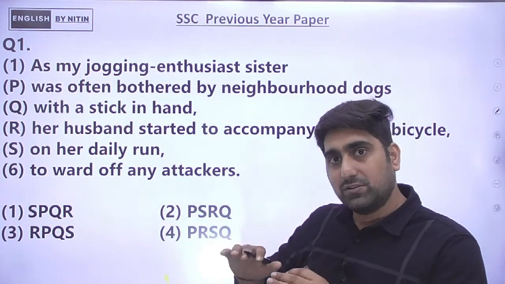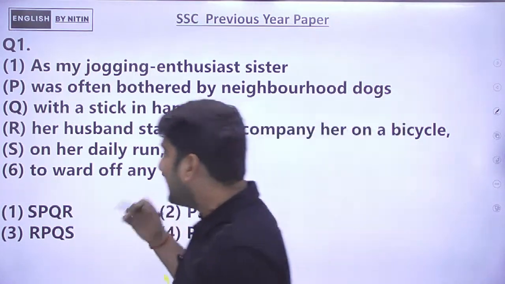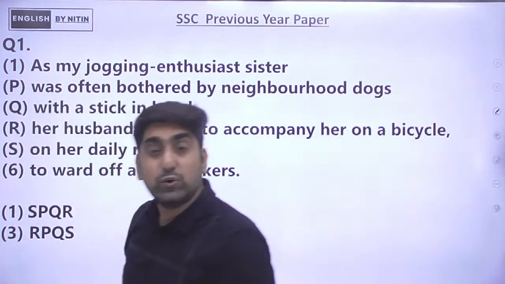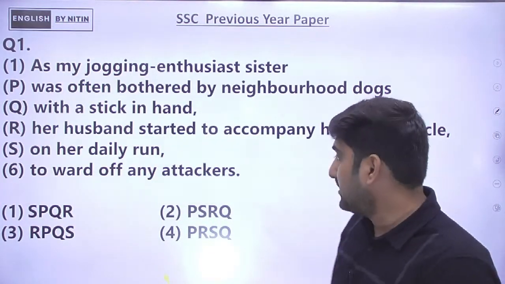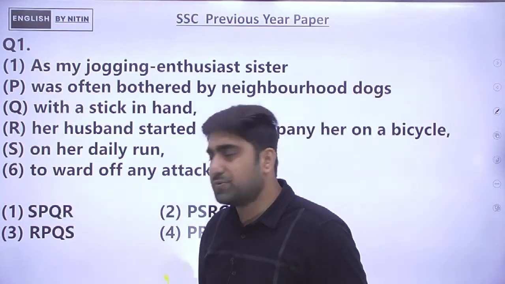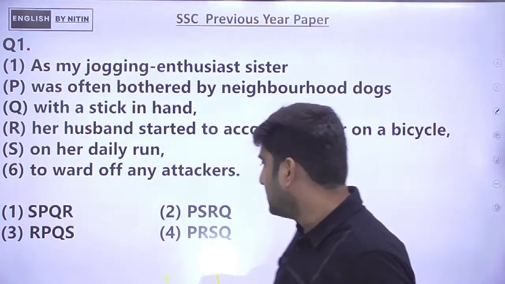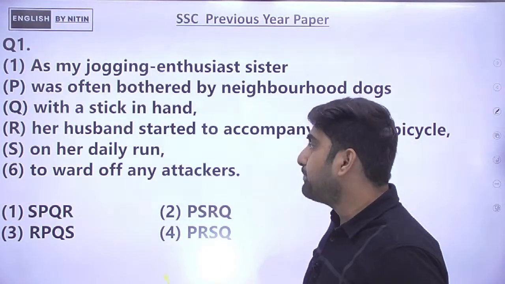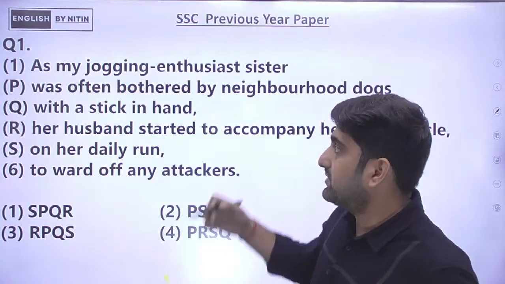So dog is bothering whom? One who is jogging. That suggests to me that P sequence will be the first arrangement in the given sentences. So the other two options, I don't think they fit best. So we'll start with P. P is the sequence that initiates the sentences.